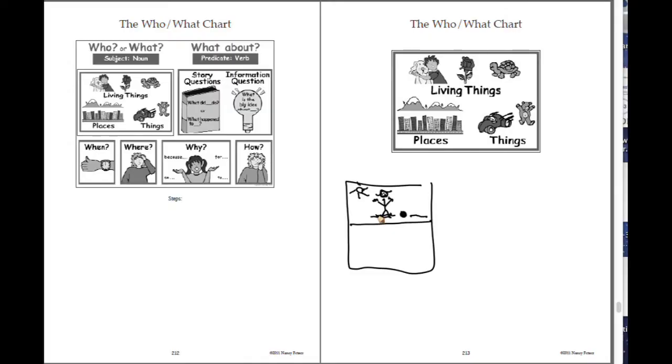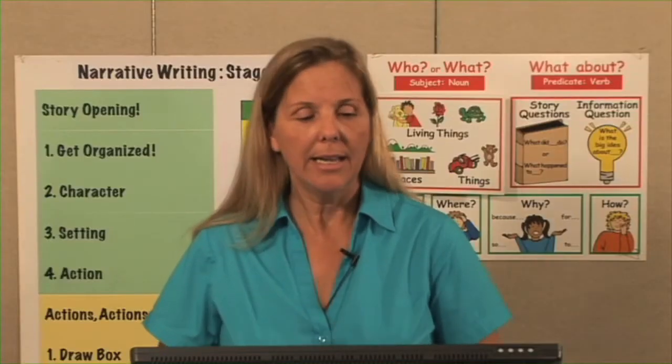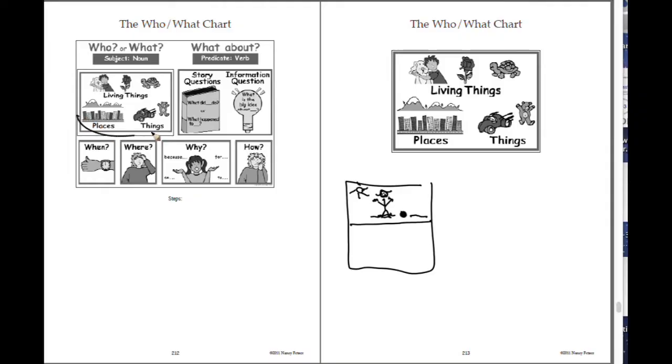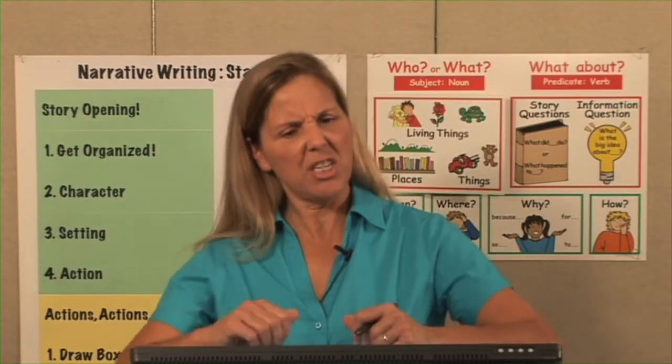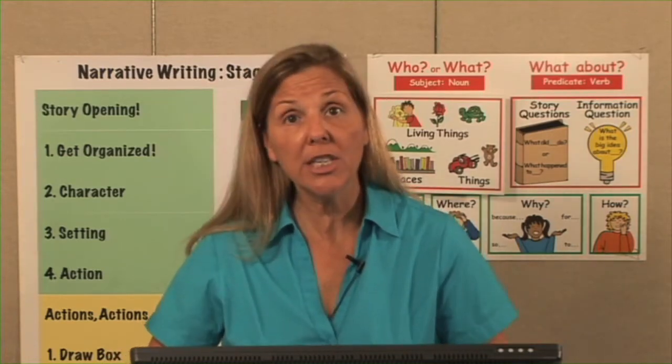So in this picture, I would be pointing to the subject, and that would be the student. And I would say, who or what is this story picture about? And they would say, me. And then I would say, okay, so over here we're looking at our who or what. And I would say, now when you're writing, because you're talking about yourself and you're so important, you're going to say I. What are you going to say?